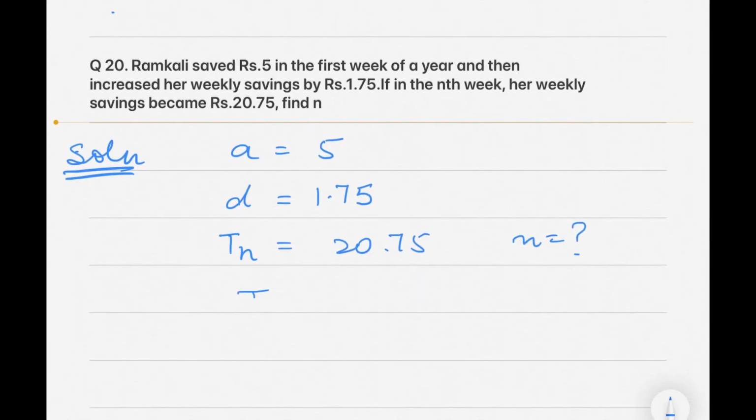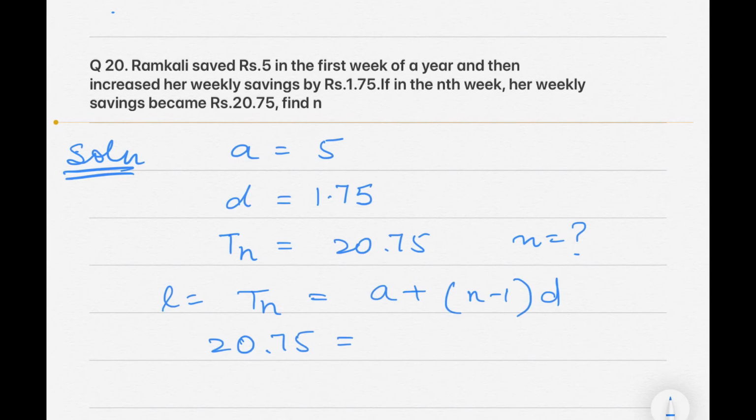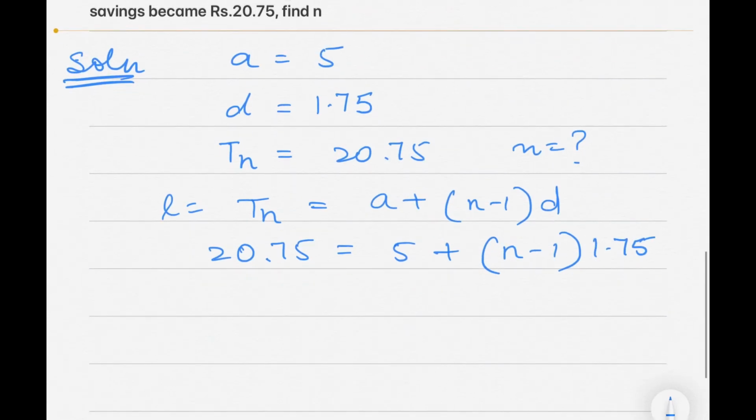Okay, easy. So the nth term or the last term is equal to A plus (n minus 1) into D. This is given to me as 20.75. This is equal to A is 5 plus (n minus 1), where n I have to find out and D is 1.75. Now I'll subtract on this side.